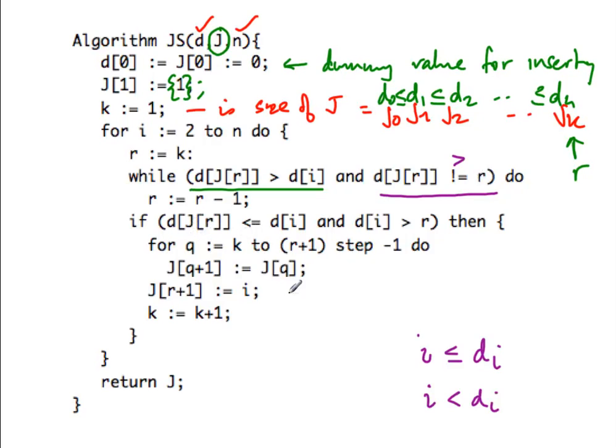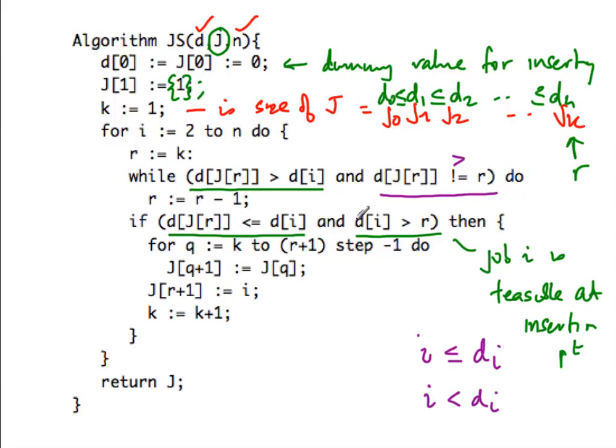So if I come here and I find that in fact I have found a position where I have stopped with a deadline which is smaller than the deadline I'm looking at now, right? And this particular deadline is feasible, so this says that job I is feasible at the insertion point.